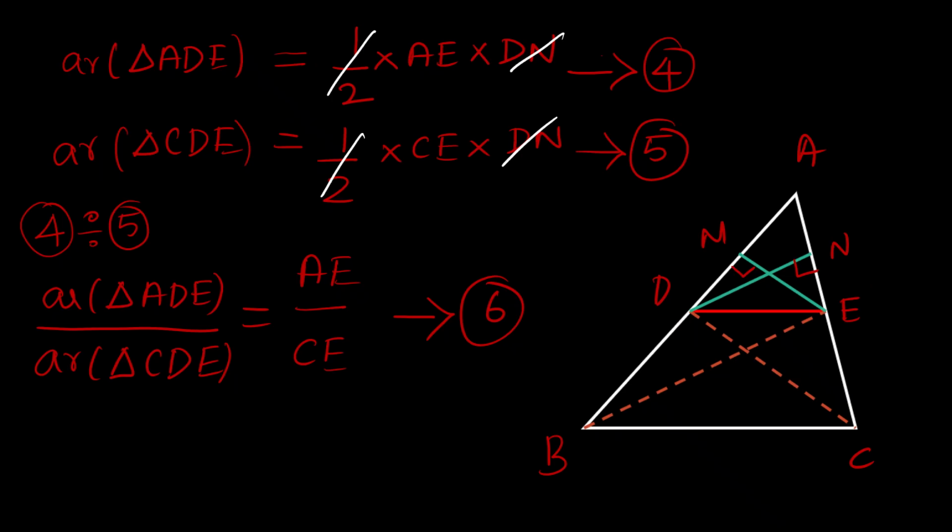What we need to prove? We need to prove that AD by BD is equal to AE by CE. We got the LHS, we got the RHS. Now we just need to prove that equation number 3 and equation number 6 are equal.